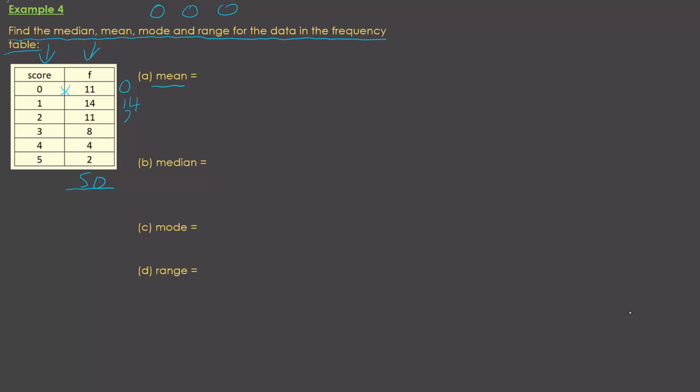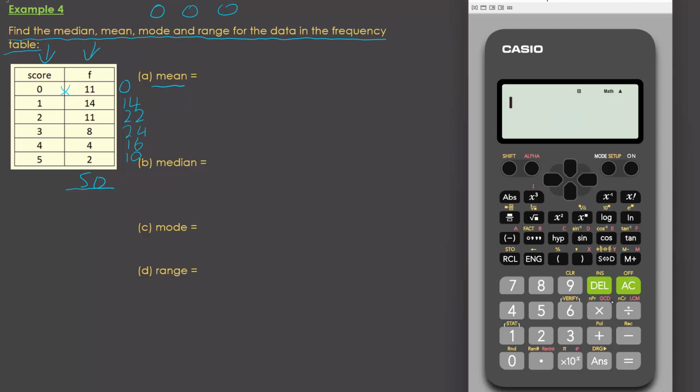2 times 11 is 22. 3 times 8 is 24. 4 times 4 is 16. And 5 times 2 is 10. Adding those will give us the sum of the data. So we've got 0, add 14, add 22, add 24, add 16, add 10, and that gives us 86.